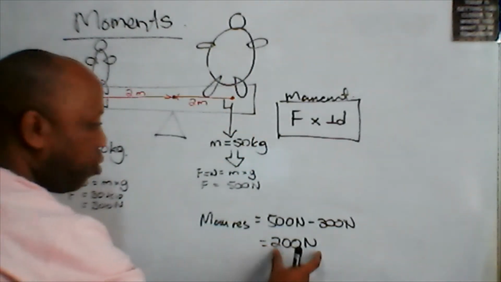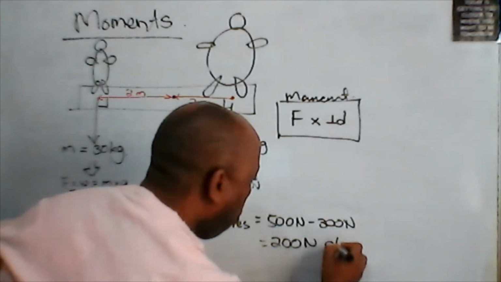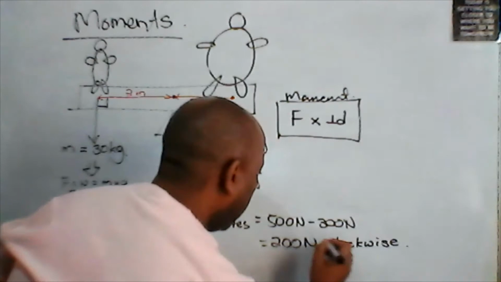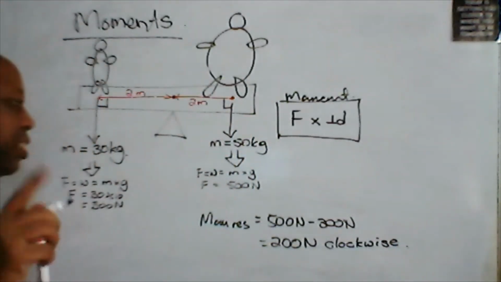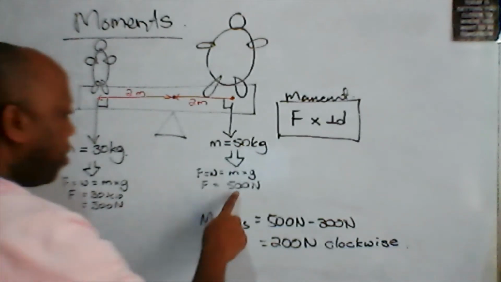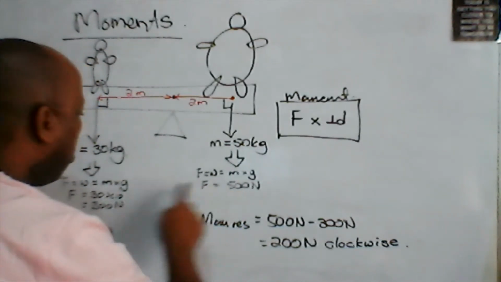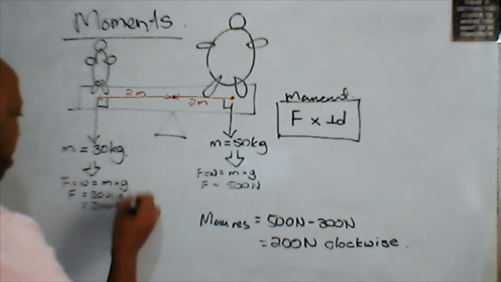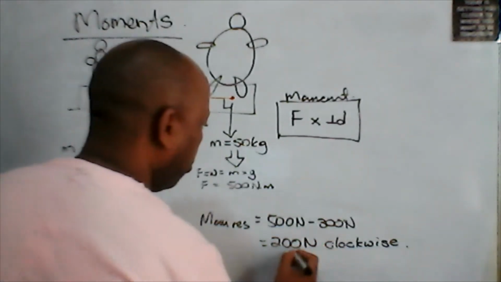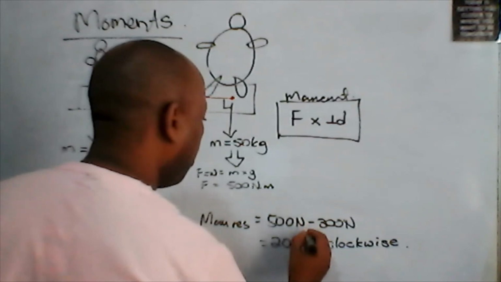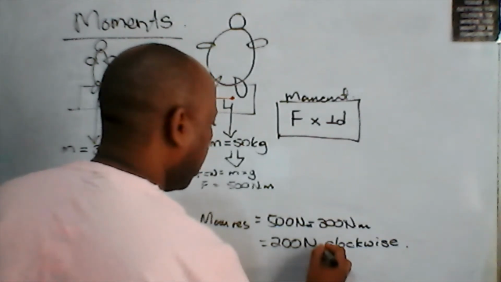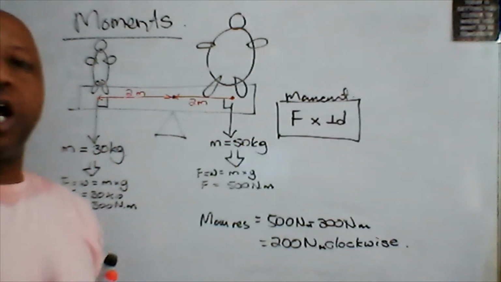So this is a 200 newtons clockwise moment. Just a mistake I made there, I do apologize. The units for moments are newton meter, so it's going to be 200 newton meter clockwise.